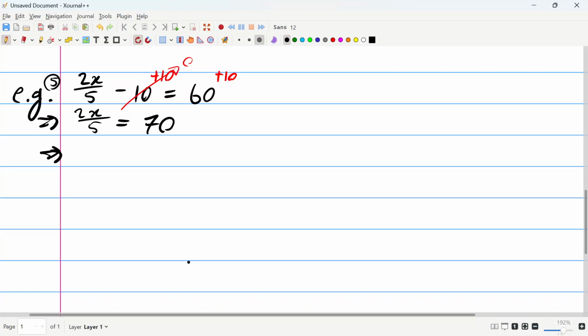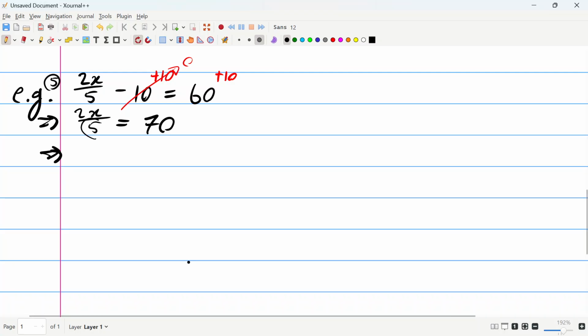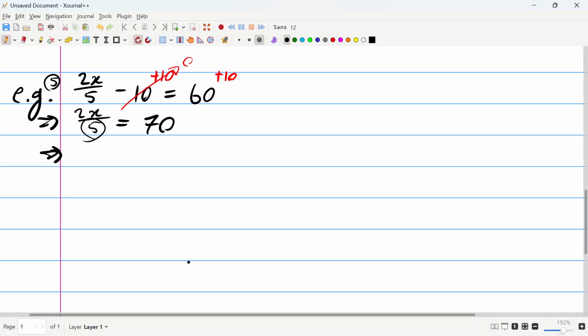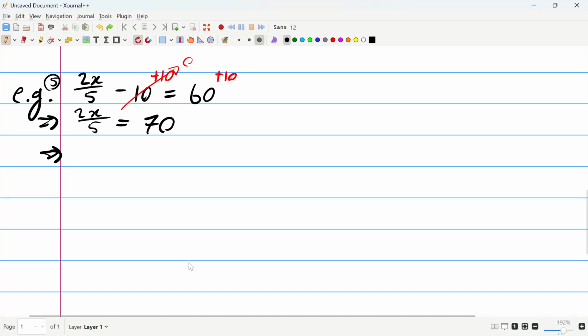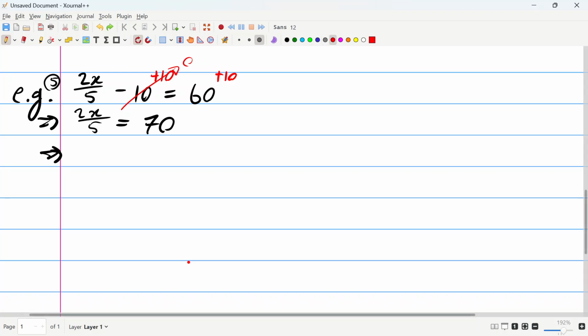Now the best next thing to get rid of is this division. Okay. So the division, we need to get rid of the 5, meaning we need to multiply by 5. Right? If it's divided by 5, we need to multiply both sides by 5 so that we can get rid of that. So we multiply this side by 5, not 15.